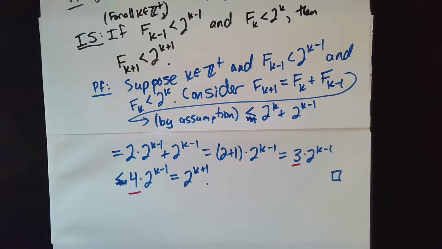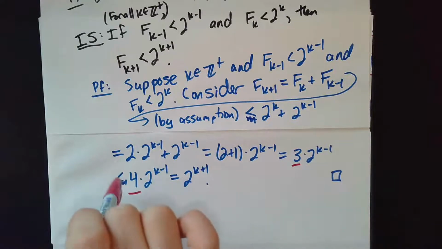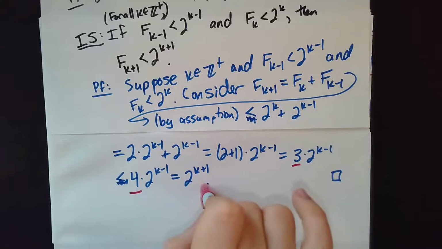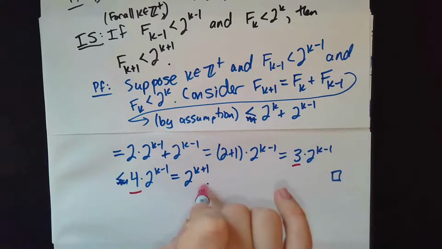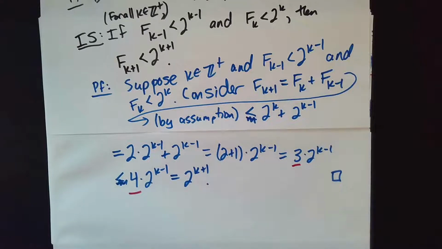But why did I want a 4? I wanted a 4 because 4 times 2 to the k minus 1 is what's equal to 2 to the k plus 1, because 4 is 2 squared. But there was no pre-existing 4. I needed to realize that 4 is what I needed there.